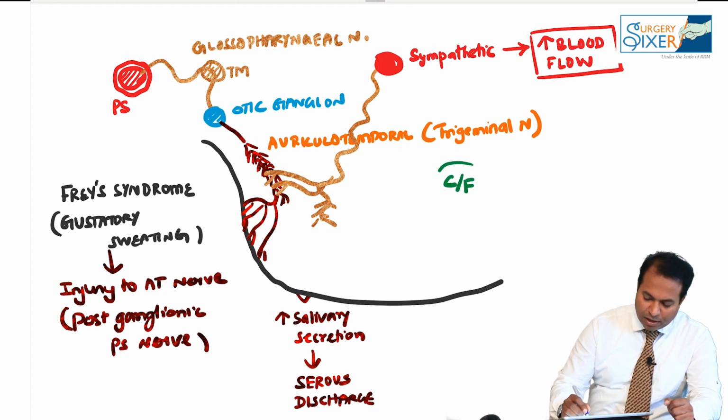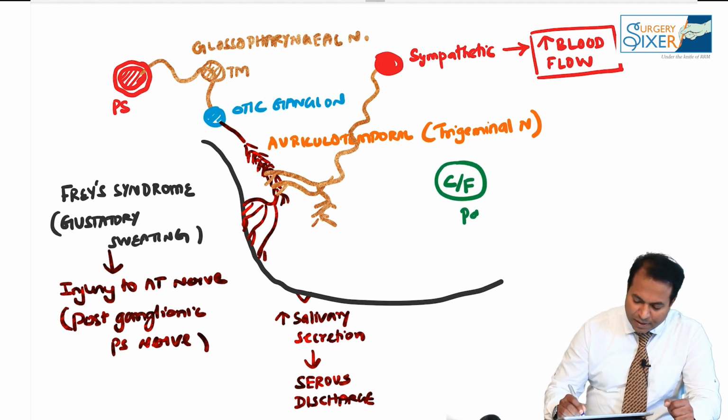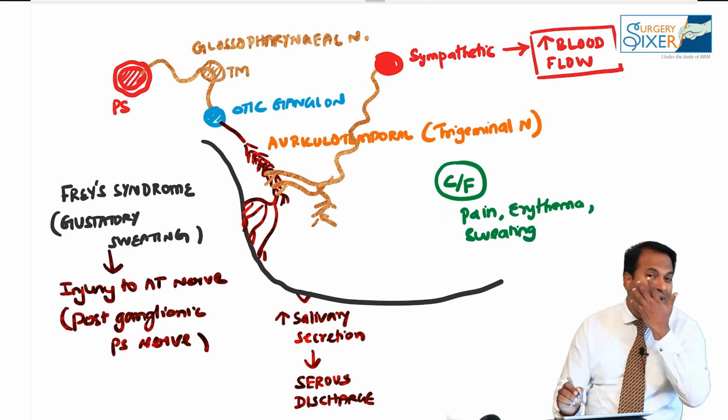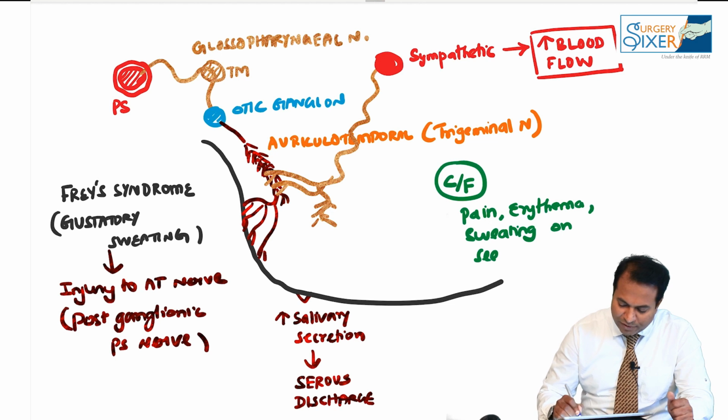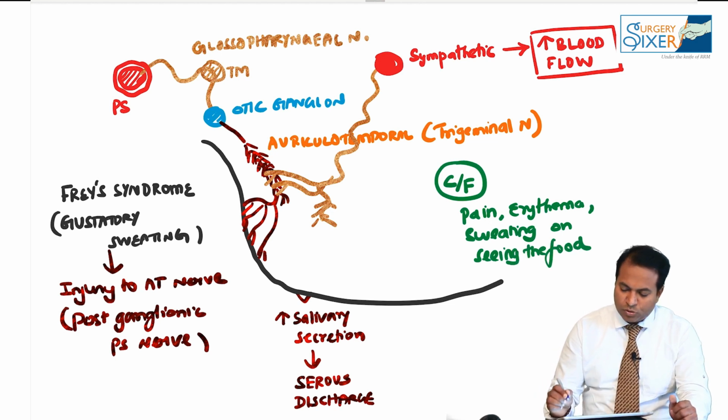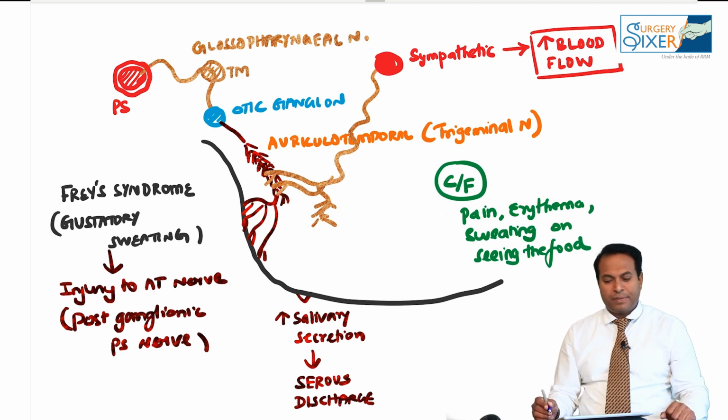Characteristic clinical features are that the patient develops pain, erythema, and sweating over the face on just seeing the food, not even eating the food. That phenomenon is known as gustatory sweating.